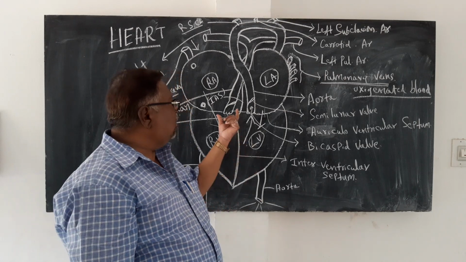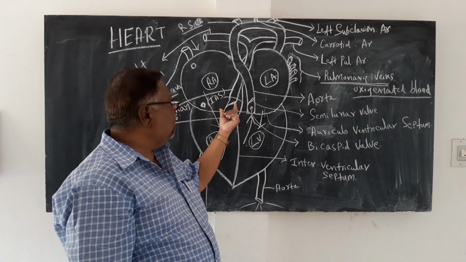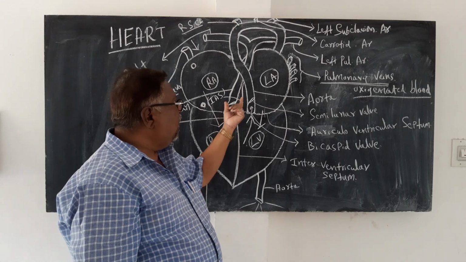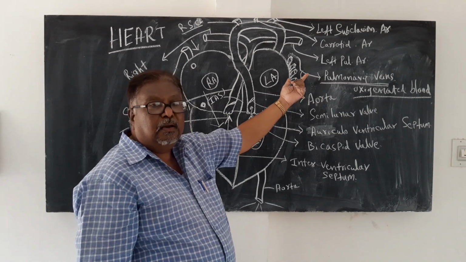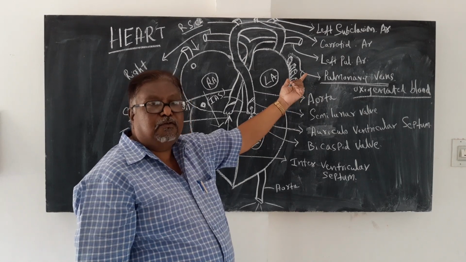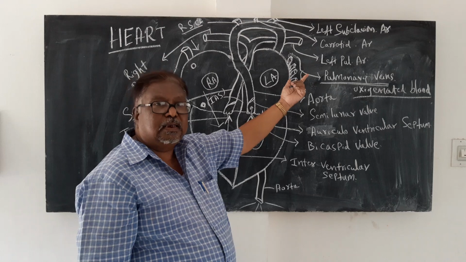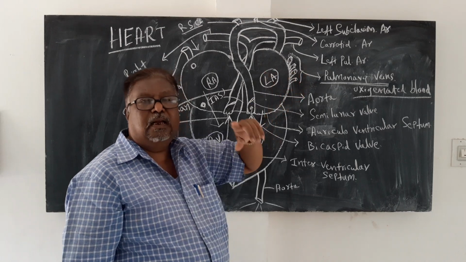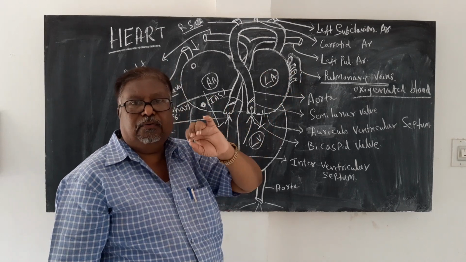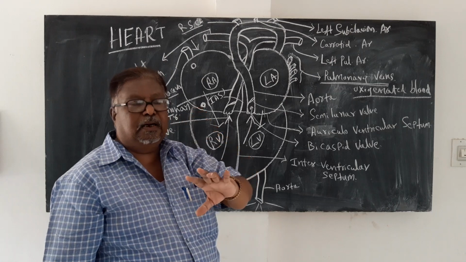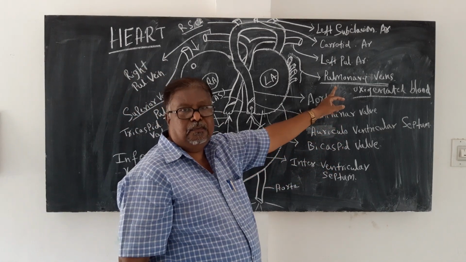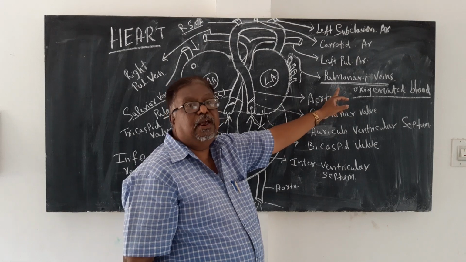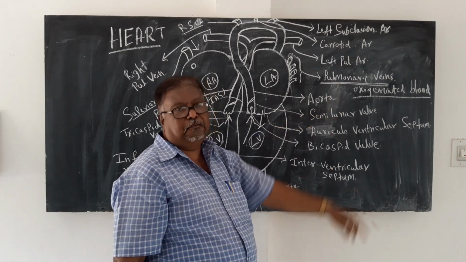The main trunk is venous, that is the pulmonary trunk, and the right and left arteries supply the venous blood for purification to the lungs. And from the lungs, the purified, oxygenated blood is brought by pulmonary veins, not arteries. This is an exception here.